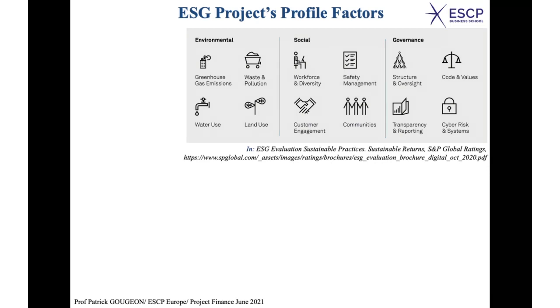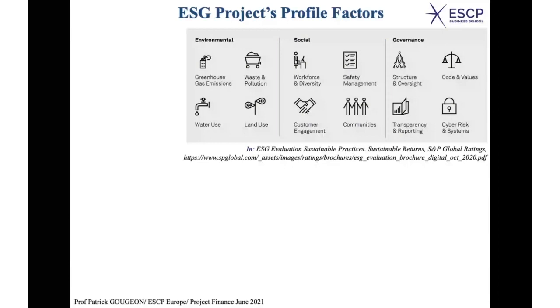What are the codes and values behind the project? Transparency and reporting. Can we really trust the information provided by those who are promoting the project, and so on? Cyber risk is mentioned here because it's a real concern.